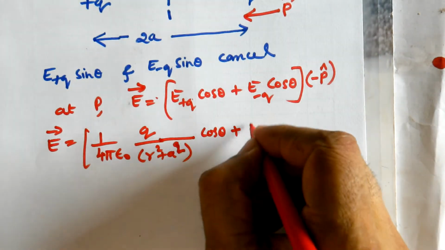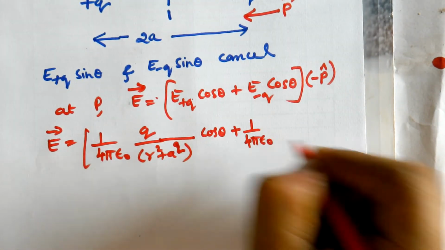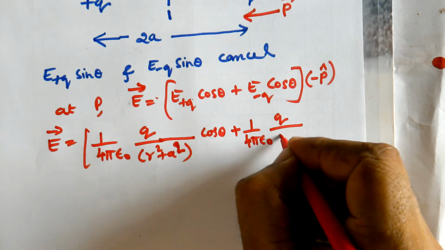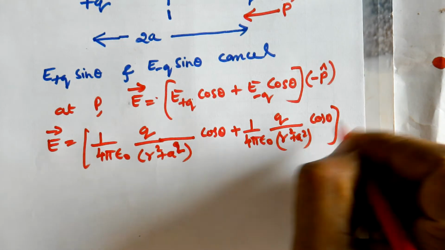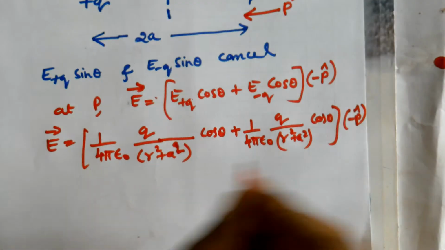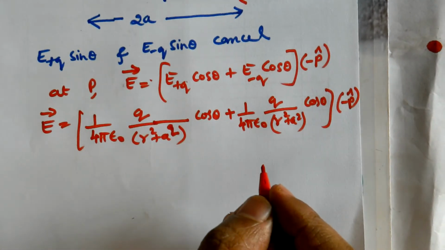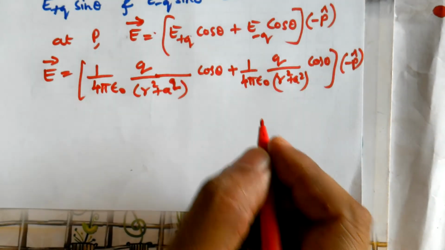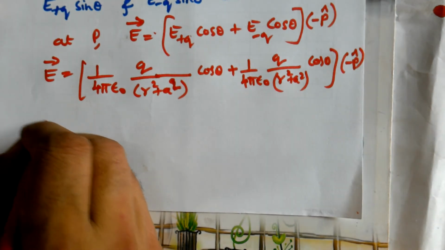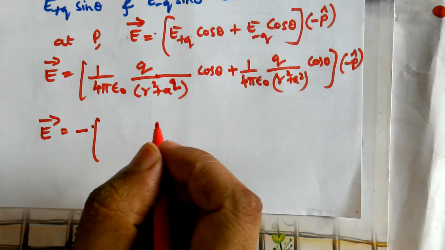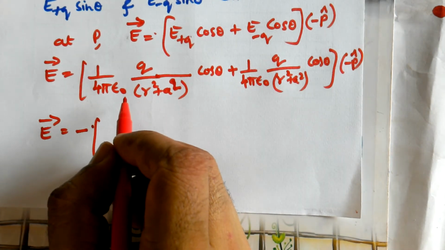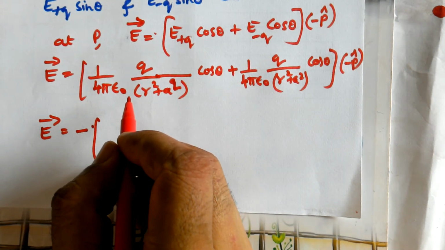Similarly, E minus Q is 1 by 4 pi epsilon naught Q by r square plus a square, same value, cos theta into minus P cap. Now, I will write minus in the beginning of the formula. Electric field net is minus P, and you can take all the common terms outside.